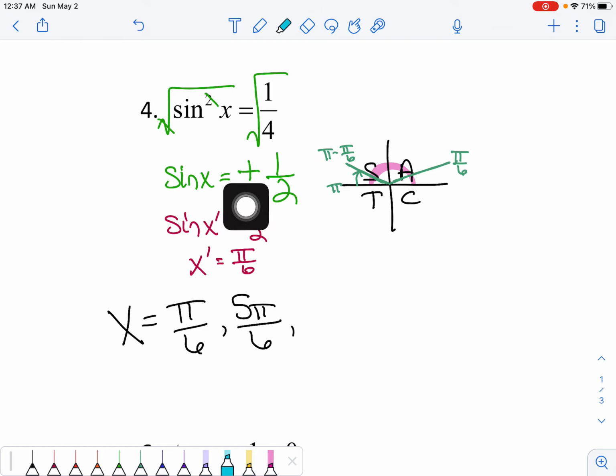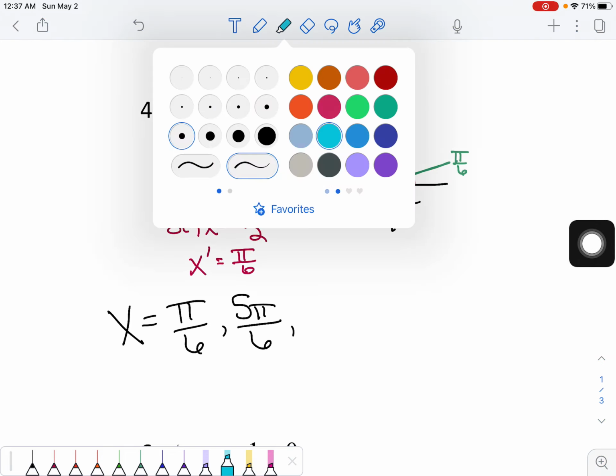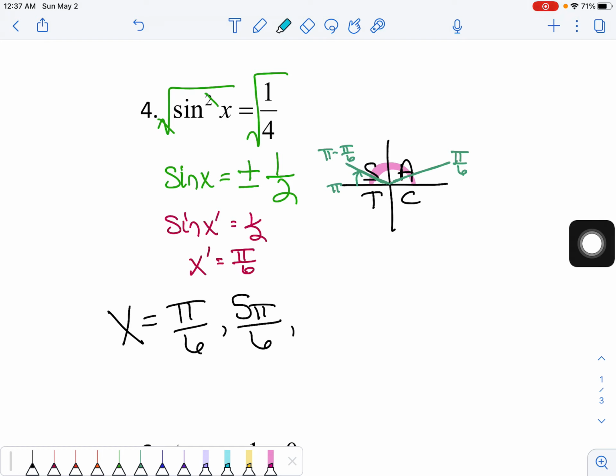Now, that was when sine was positive, but sine can also be negative, right? It's plus or minus, so both apply. Let's figure out what happens when sine is negative 1/2. Well, negative sine happens in your third and fourth quadrants. So in quadrant 3, we want to push forward.